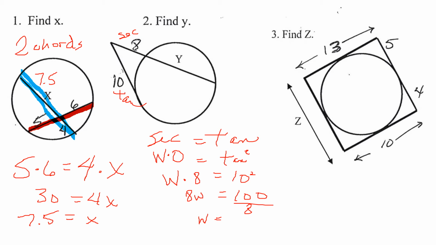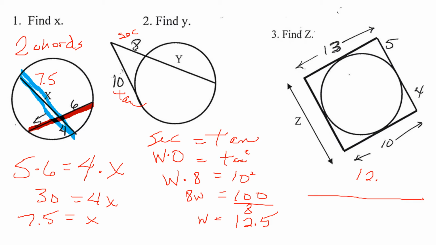See if I can get my calculator to work. I know it's a decimal. 12.5. So if the whole length is 12.5, think about that. That's one big long segment.